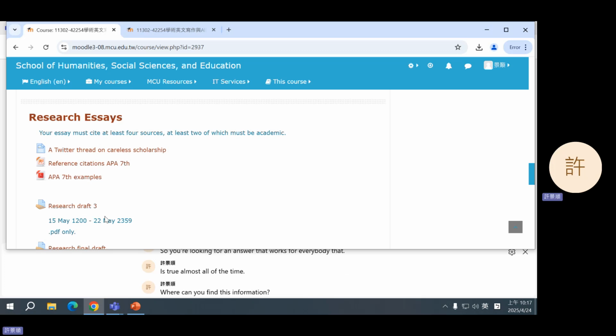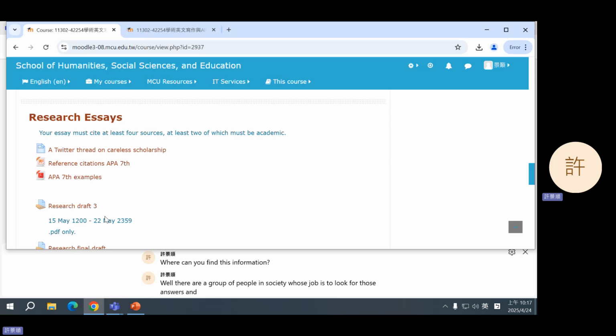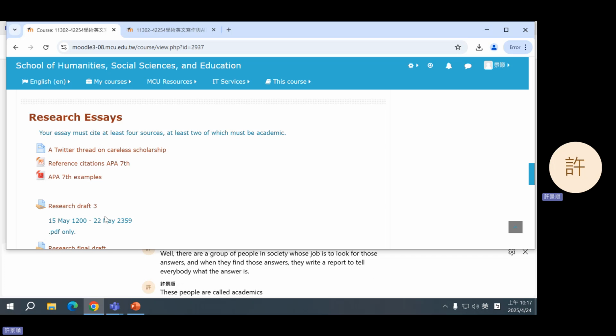Well, there are a group of people in society whose job is to look for those answers. And when they find those answers, they write a report to tell everybody what the answer is. These people are called academics. So the most reliable source of information you can find is research papers or research books.